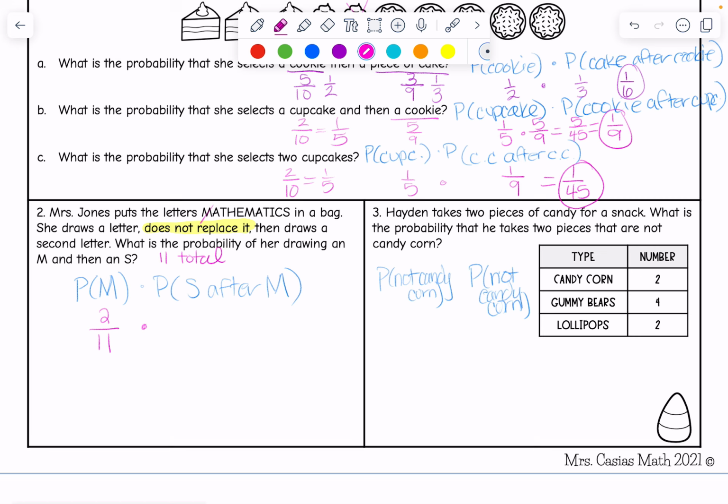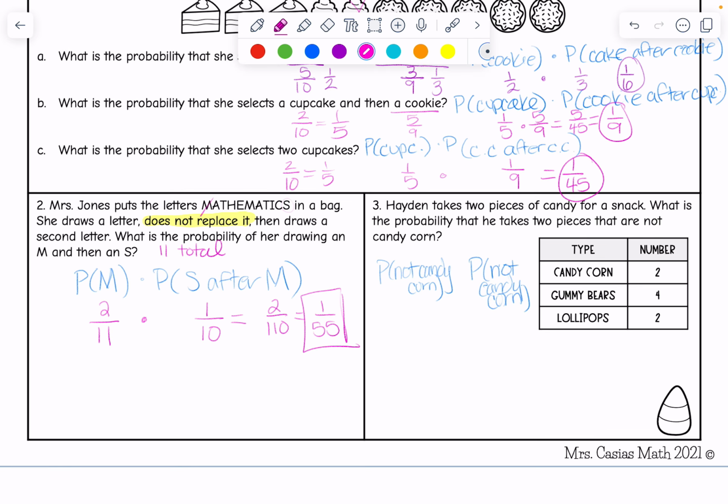When I look at the word mathematics, I only see 1 S here. So there's only 1 opportunity there. But now because we have the M already and we're not replacing it, there's now only 10 outcomes left. And so when we multiply straight across here, our simplified final answer would be 1/55 or 1 in 55.